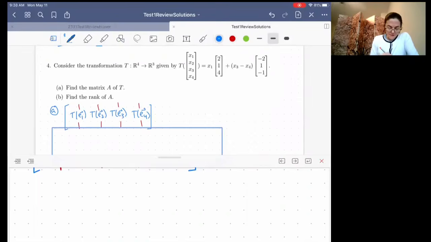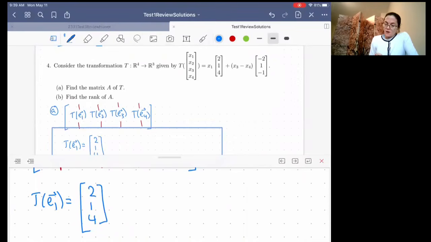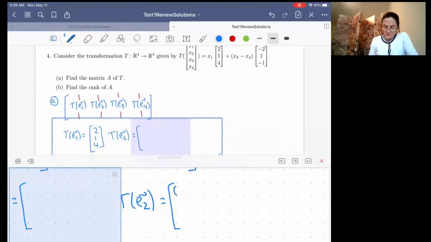Very nice. T of E1. Well, this is the vector, pretty easy to see, 2, 1, 4, because this has a 1 in the first coordinate, zeros everywhere else. Okay, now let's keep going. T of E2. Well, you notice in the formula there's no x2 appearing, so T of E2 is just all zeros.